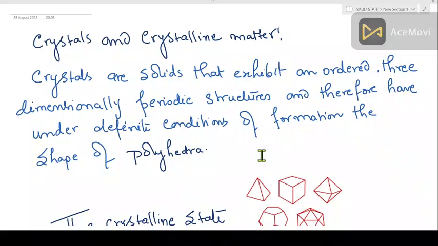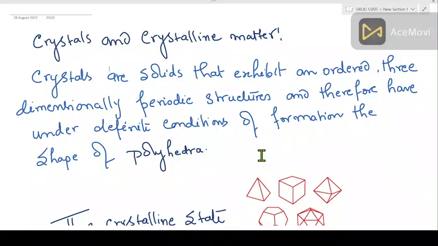What we know about crystals is that they are solids which have a definite shape, and as I discussed in the last lecture, they have a sharp melting point and long range order. Long range order means a particular arrangement of atoms repeats and extends to several atomic distances.